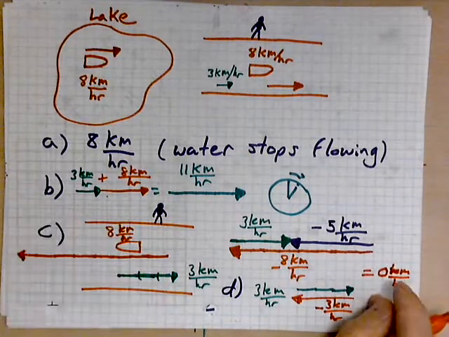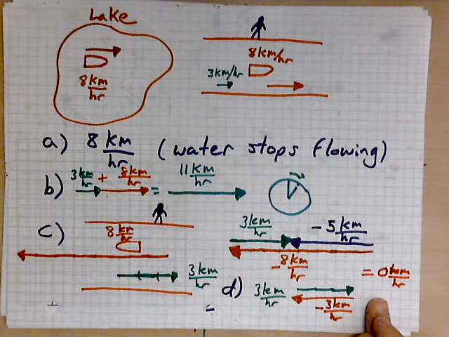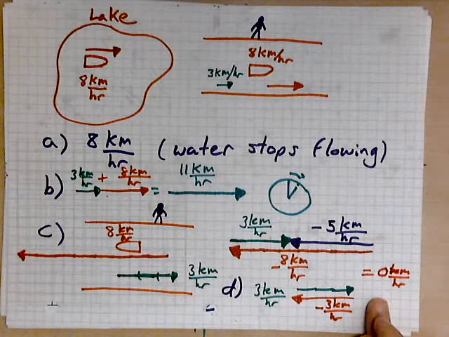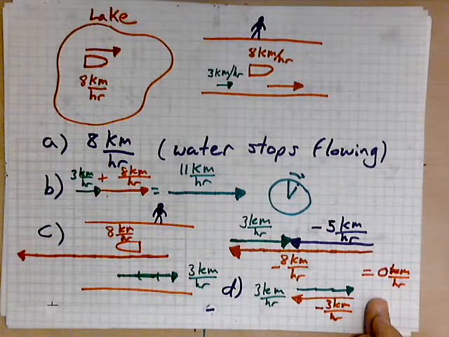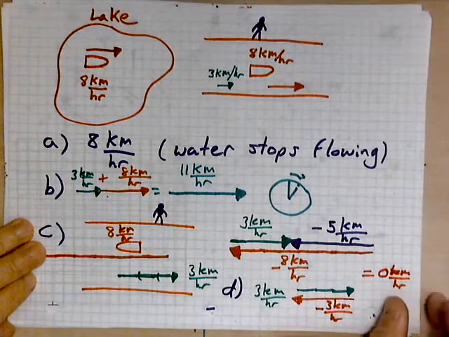So in other words, an observer would see the boat stationary. If the water is flowing at 5 down and the boat is moving at 5 upstream, then to somebody on the shore, the effective velocity is 0. Okay, the boat appears not to move at all.